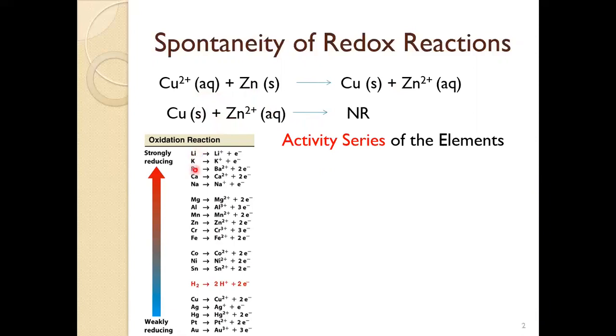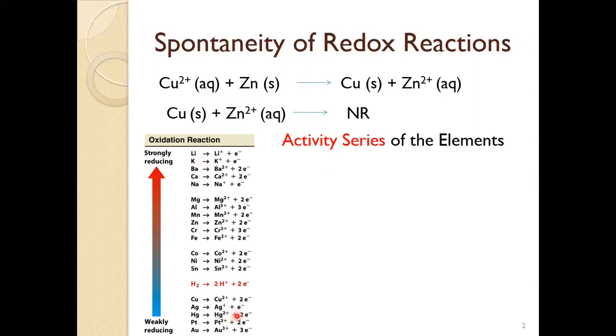And the idea is that this lists various elements, mostly metals, from strongly reducing, so in other words, elements that are easiest to oxidize, because remember, when a substance is oxidized, it causes the reduction of something else, to weakly reducing, which are elements that are hardest to oxidize.